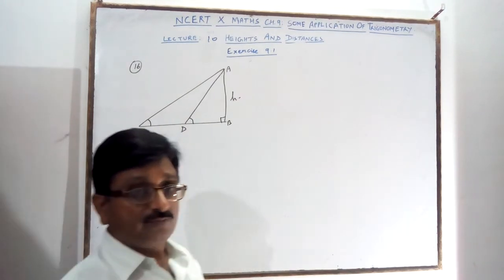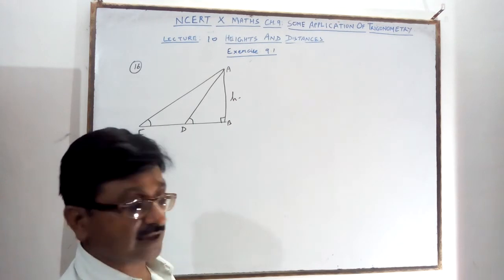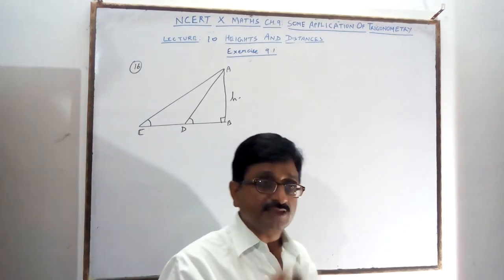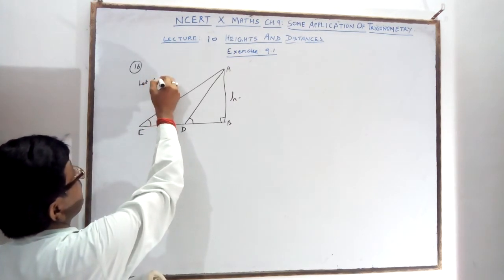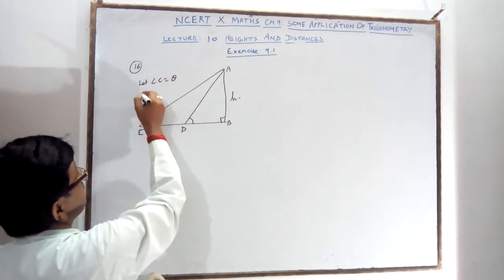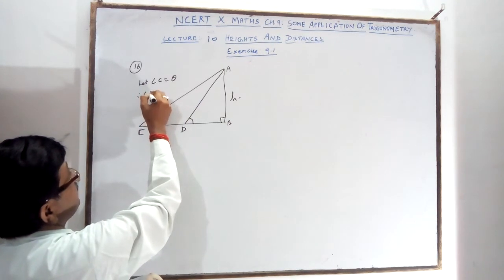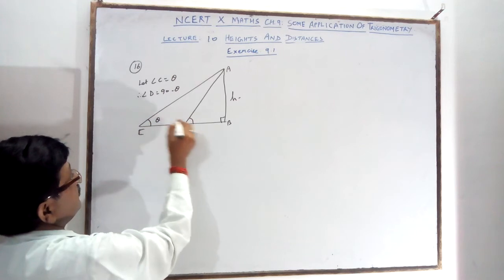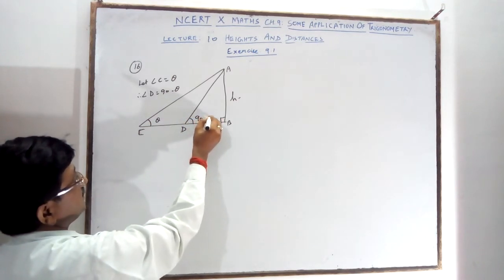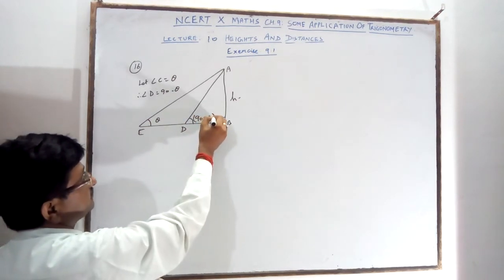What is the meaning of complementary? The sum of two angles is 90 degrees. So let one angle be theta. Let angle C be equal to theta. So angle D will be 90 minus theta, because both are complementary.